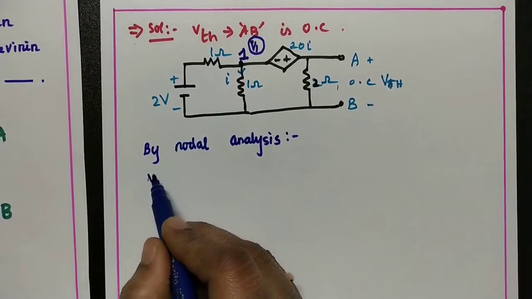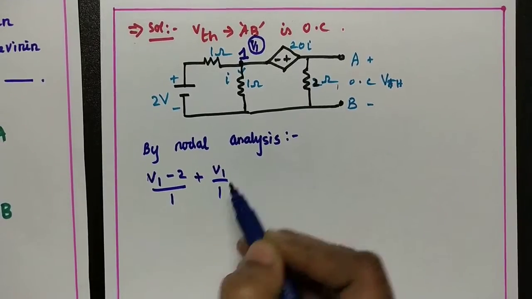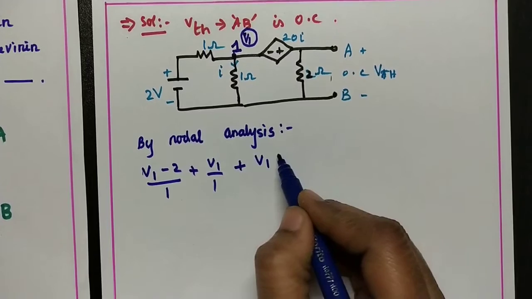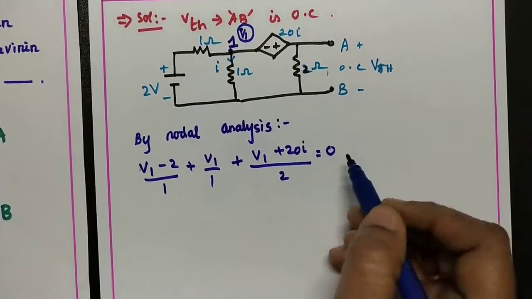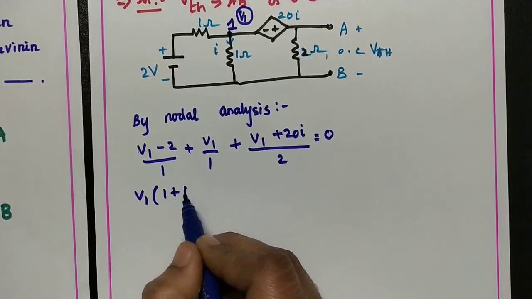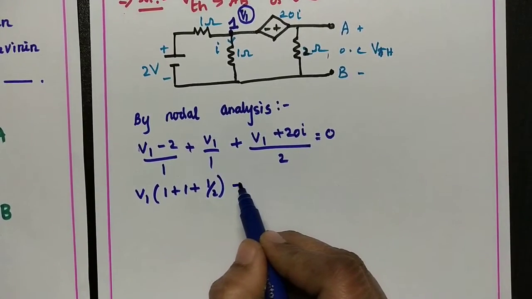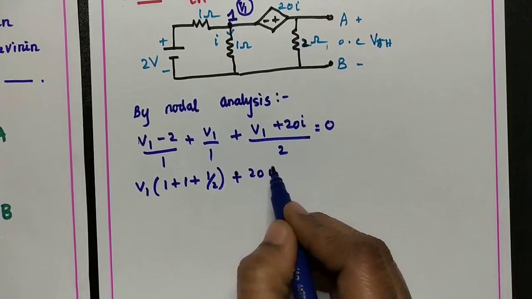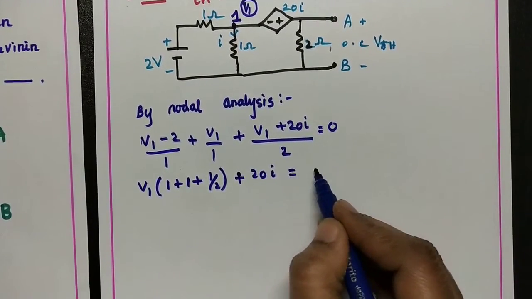Here (V1 minus 2) by 1 ohm plus V1 by 1 to the ground, plus (V1 plus 20I) by 2 equal to 0. So simplifying the equation, V1 into (1 plus 1 plus 1 by 2) plus 20I by 2 equal to 2, so equal to 4.